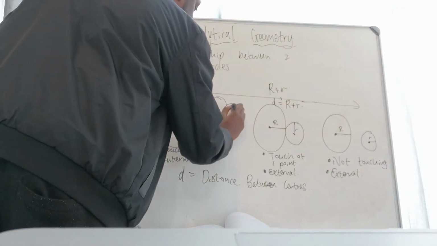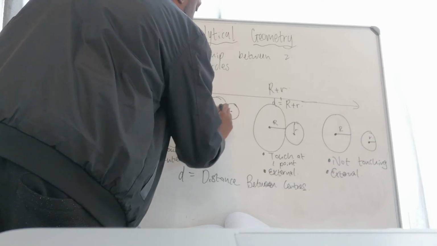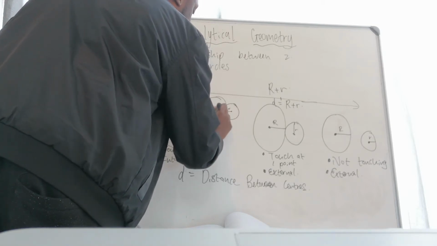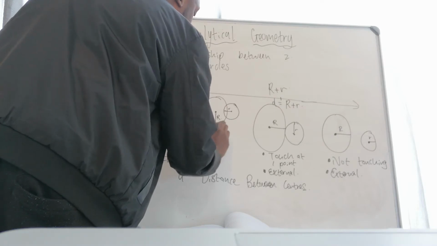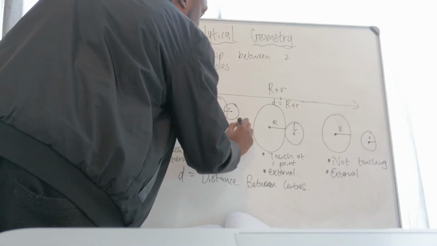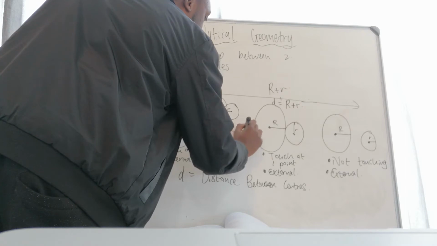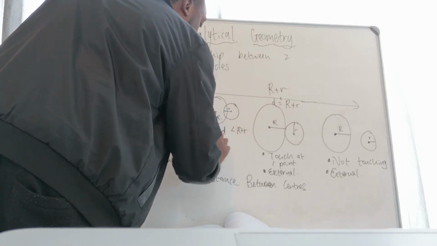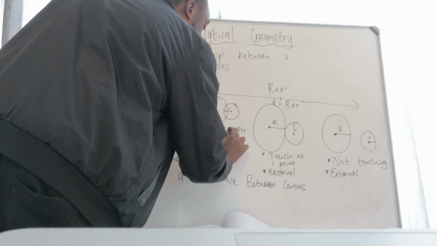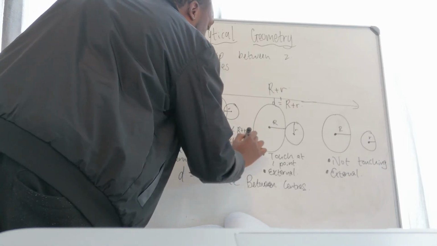So that's what happens here. You still have your r there, and this is your big letter R. So here is where D is in between these values. And so what are the characteristics? They touch twice.